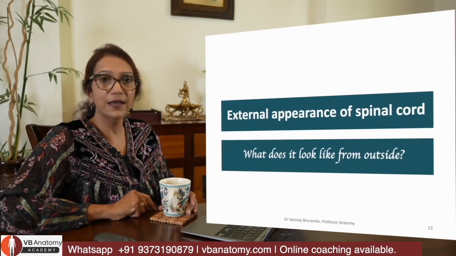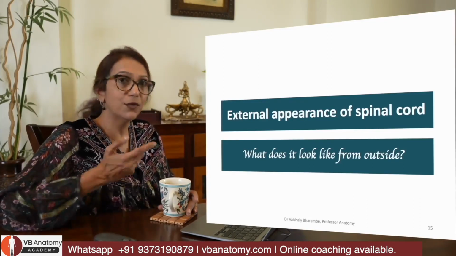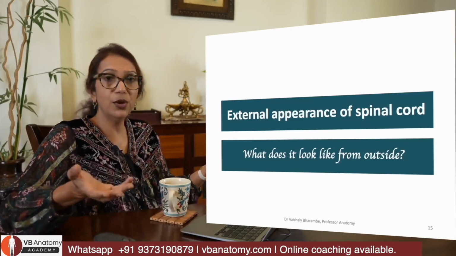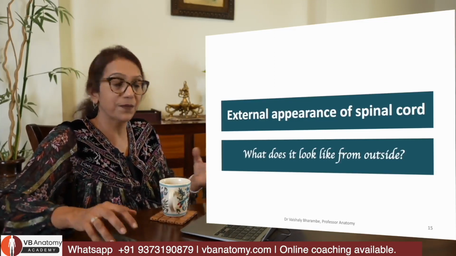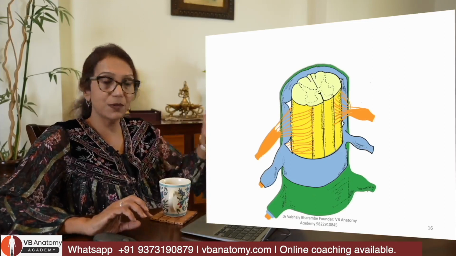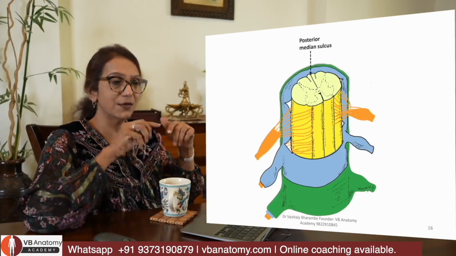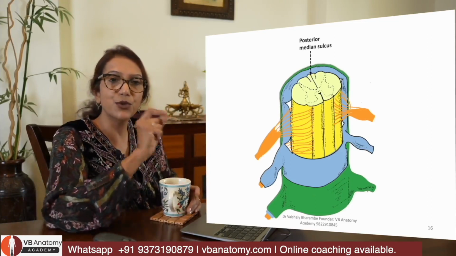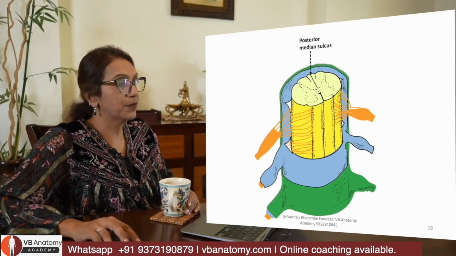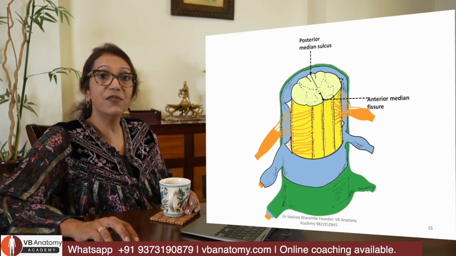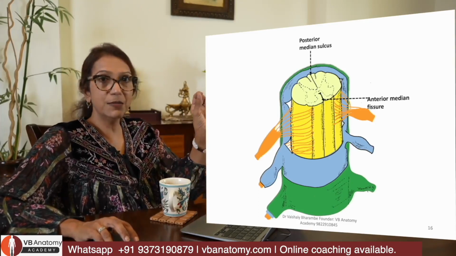Coverings we've talked about, vertebral column we've talked about. But spinal cord, that's the topic. What does it look like? Take a look. That's your spinal cord. It shows a posterior median sulcus which extends inside in the form of a posterior median septum. Anteriorly, it shows a deep fissure. There's a sulcus behind.